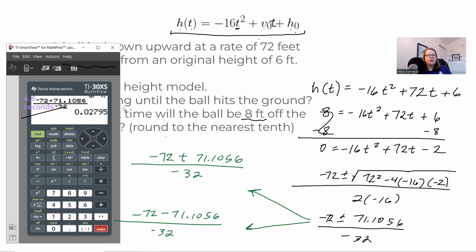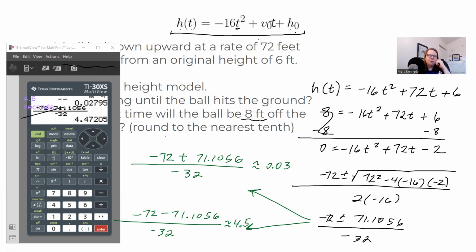I get 0.0, and we're going to go to the tenth now because we're at our final answer. The 2 goes up because of that 7 to a 3. Now I'm going to do it again, but this time instead of negative 72 plus, it'll be negative 72 minus. When I subtract, I get 4.5. So about 4.5.